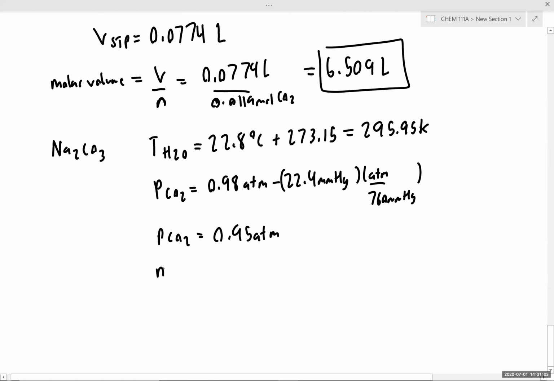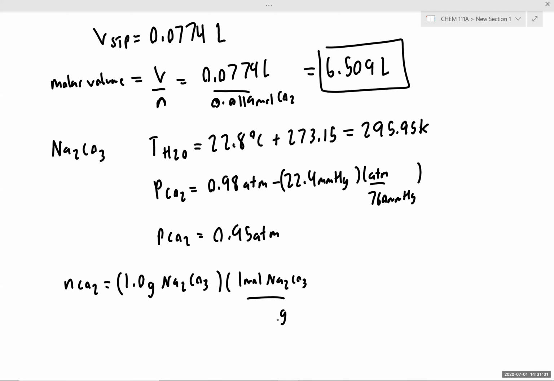Okay. The moles of carbon dioxide expected, we can get from stoichiometry. So if we have 1 gram of sodium carbonate, we know that in 1 mole of sodium carbonate, we have, let's calculate the molar mass really quickly.